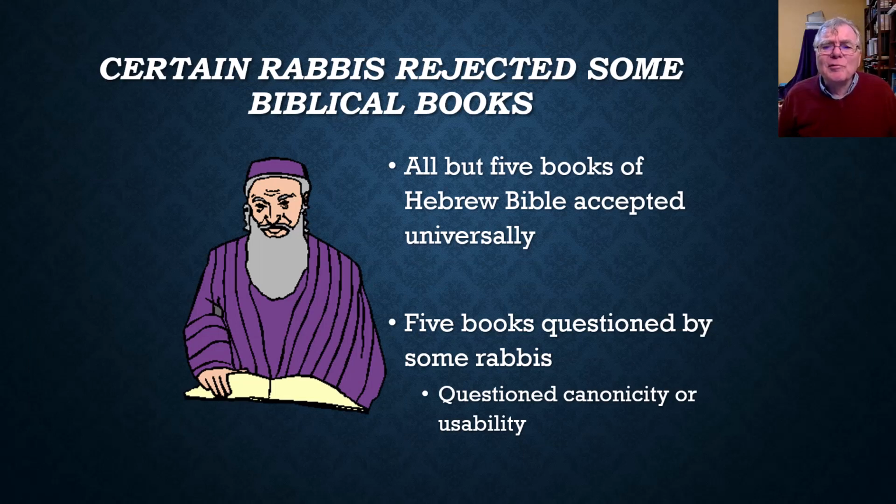Now, certain rabbis also rejected some of the biblical books. All but five books of the Hebrew Bible were accepted universally. But among the rabbis in Jewish tradition, there were five books that were questioned by some rabbi or another.